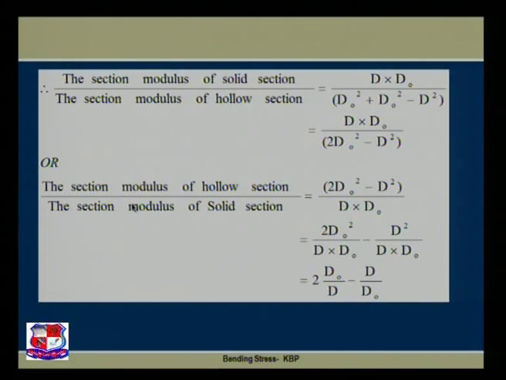Now, if you want to find out the ratio of section modulus between the hollow section and the solid section, then this term will be inverted, 2 do square minus d square by d do. Now, if we take these two terms separately, 2 do square divided by d do minus d square by d do, and we get 2 do by d minus d by do, which is the answer of this given problem.